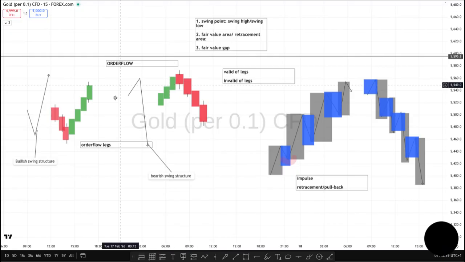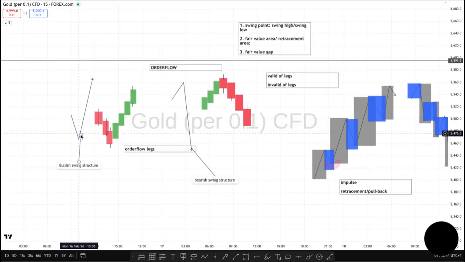So this is what an order flow leg looks like, right? Now this is the basic structure of every trend, every uptrend, right? You have a retracement that takes price into a point of interest, a PDRA. It could be a fair value gap, an order block, mitigation block, breaker block, support or resistance, whatever it is. A retracement that takes price into that PDRA, and then the creation of a swing low, right?